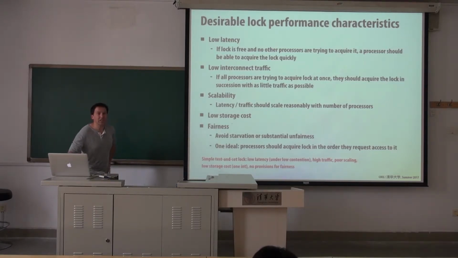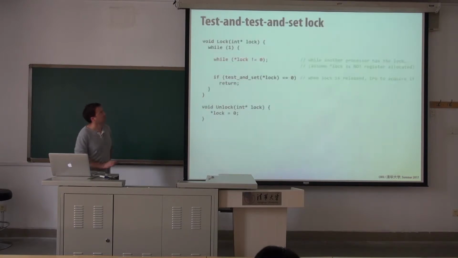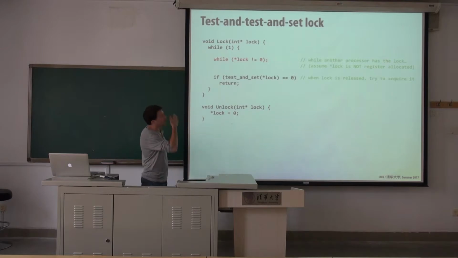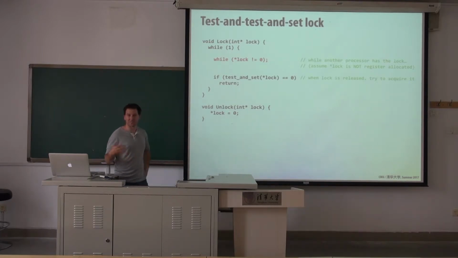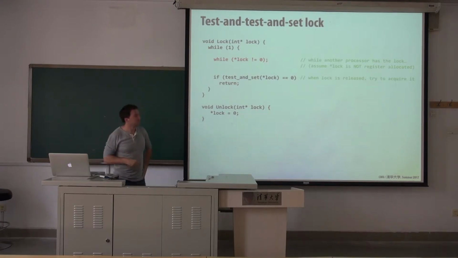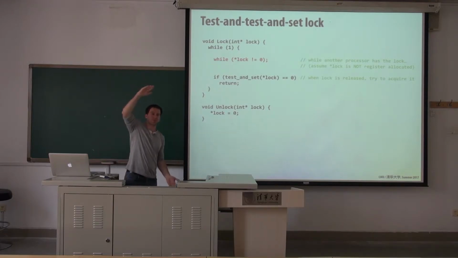So I'm going to change the lock implementation to this now. This is exactly what you said. I'm going to start writing it in C code now because it's a little bit easier to read. My lock says: while I don't have the lock, the outermost loop is while 1.